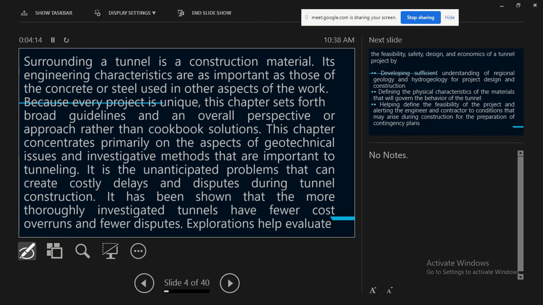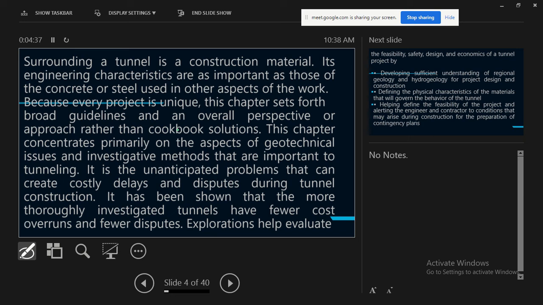So the rock or the soil surrounding a tunnel is in fact a construction material. So its engineering characteristics are as important as those of the concrete or steel used in other aspects of work.